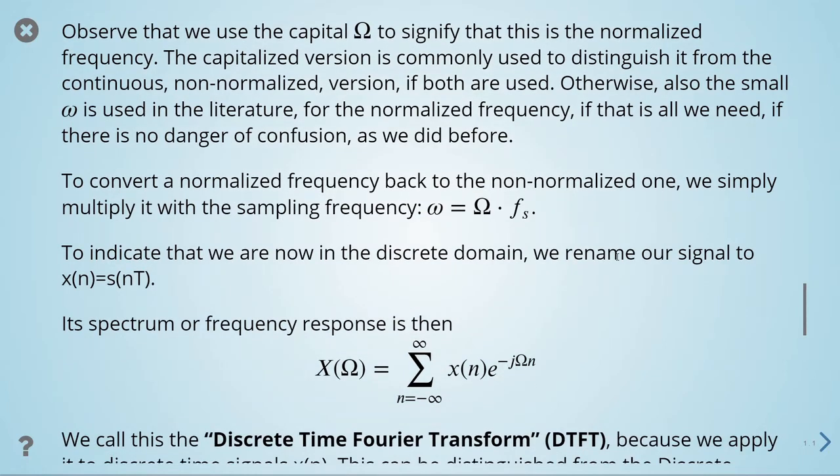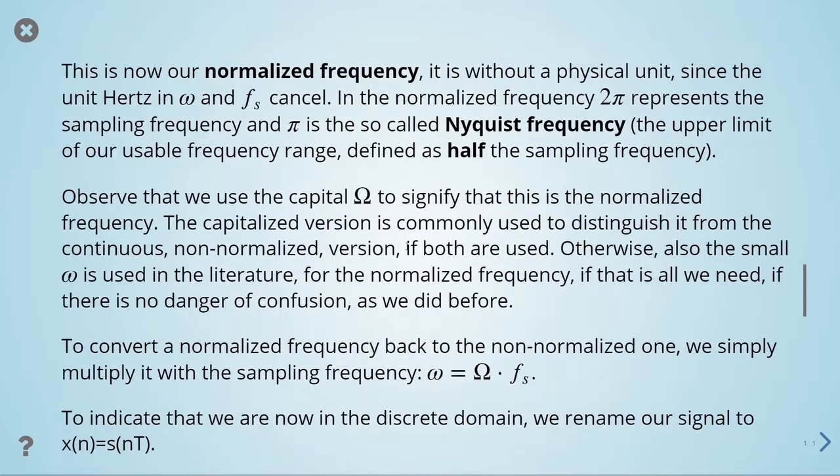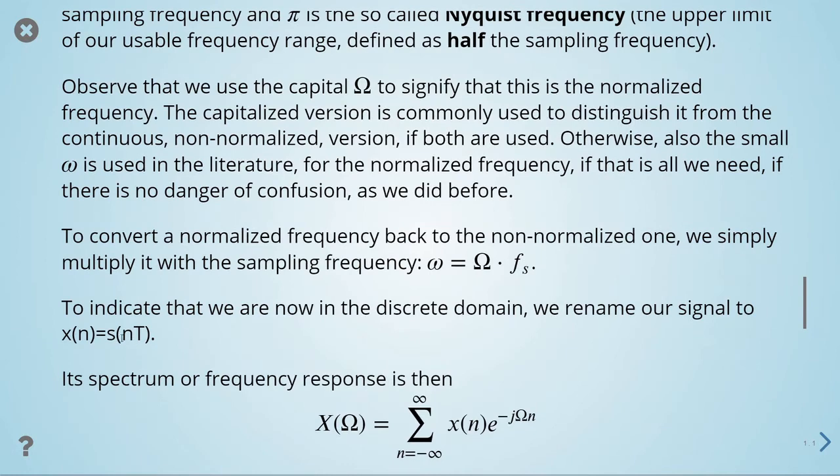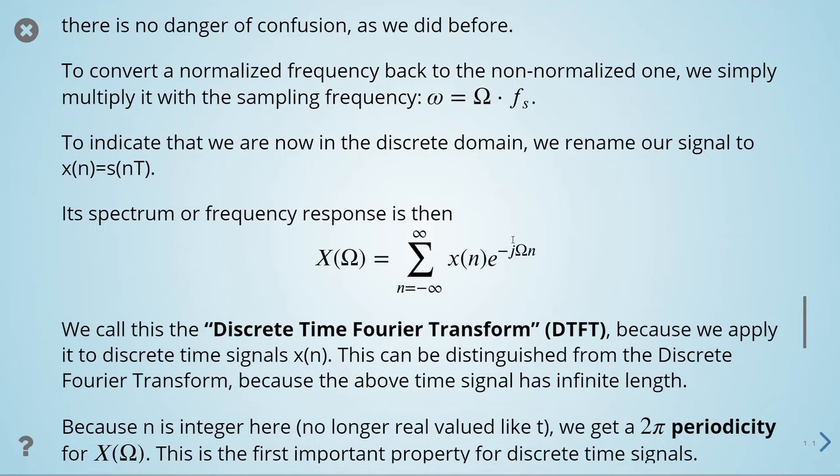And to indicate that now we are in the discrete domain, we will rename our signal to x of n. So this was s of t, now it becomes s of n times capital T, and this is our x of n. And then we see that the spectrum or the frequency response is given by this summation here.